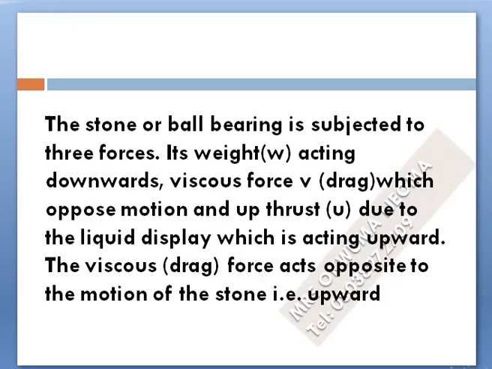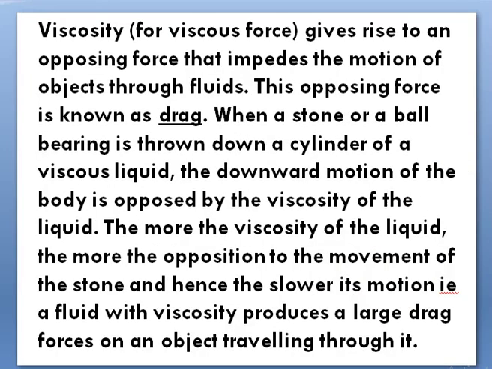Number one is the weight of the stone acting downward. Number two is the upthrust due to the liquid displaced, which is acting upward. And number three is the viscous force or the viscous drag that opposes the motion of the stone, which also moves upward.